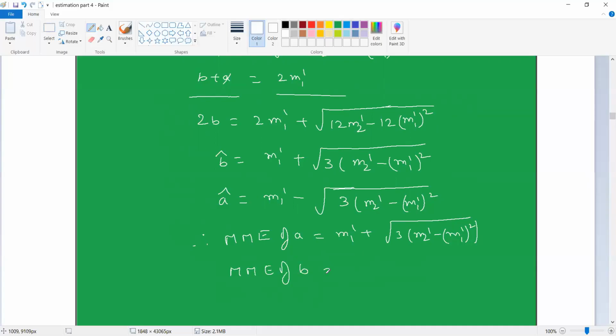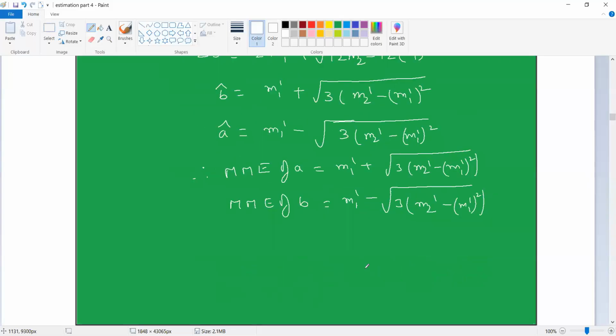MME of A is equal to m1 dash minus square root of 3 into m2 dash minus m1 dash whole square. This was a two parameters case: for the continuous uniform distribution, MMEs are obtained.